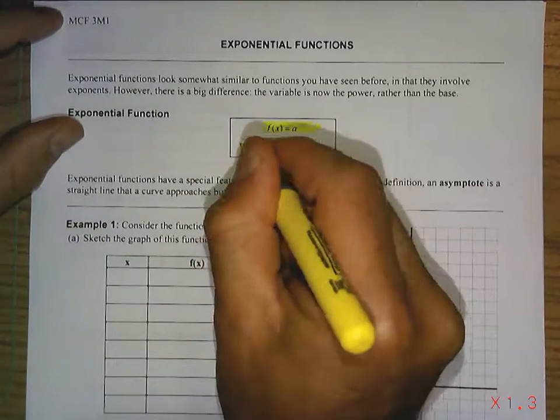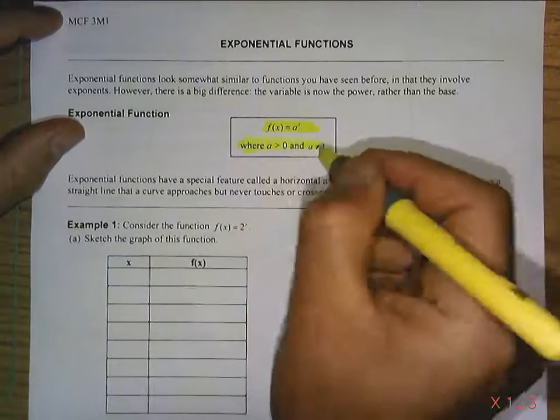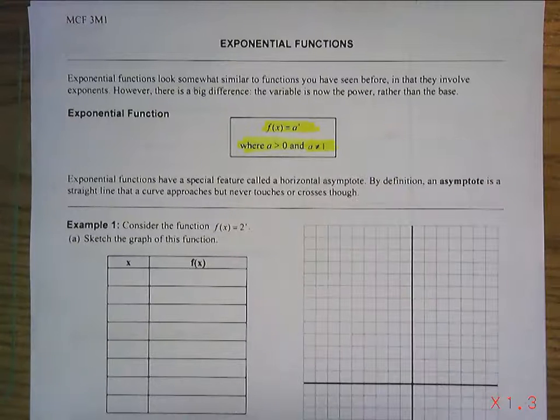The base value, the number, has to be greater than 0 and it cannot equal 1. That's by definition. When we created the whole group of exponential functions, we said that to be an exponential function, your base has to be greater than 0 and a cannot equal 1.